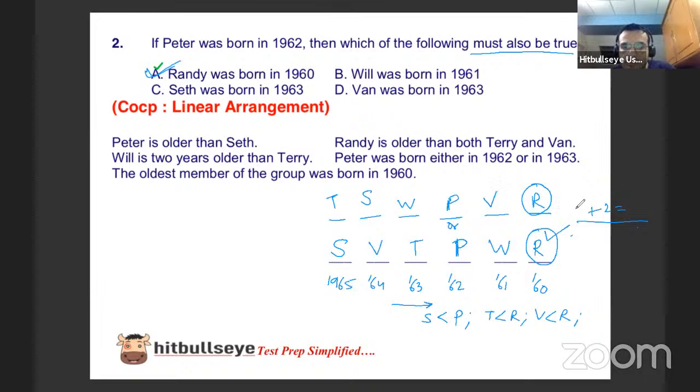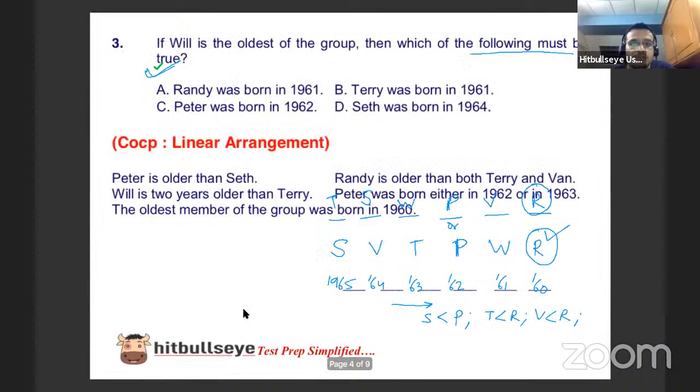Clear, everyone? Shall we proceed? All right, let's go to the next one. Okay, please solve this. Actually, we already discussed this.